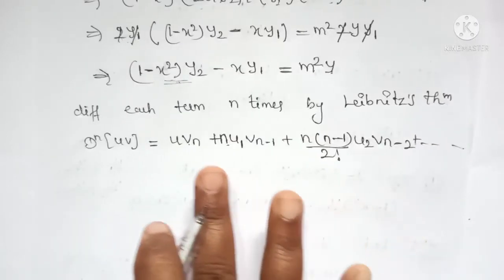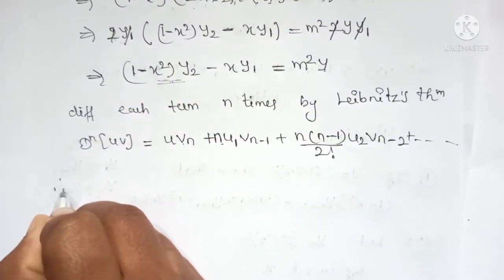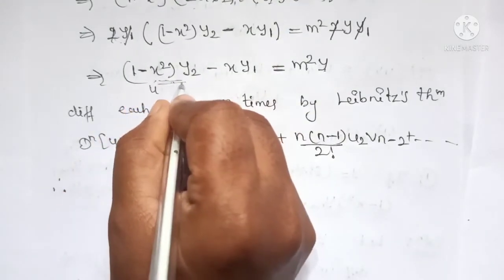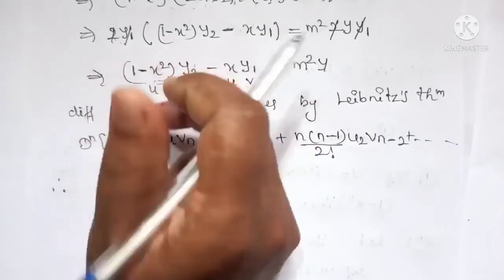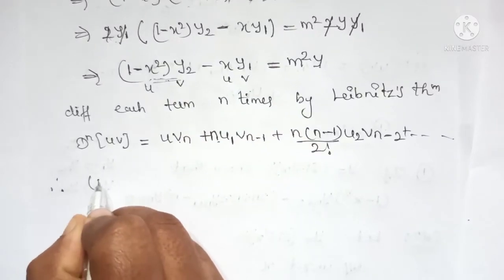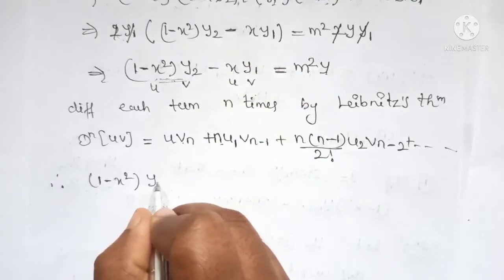Okay, so applying this formula, treat this as u and this as v. First we apply for this one, we get (1 minus x square) as it is, nth derivative of y2, which is y(n plus 2).